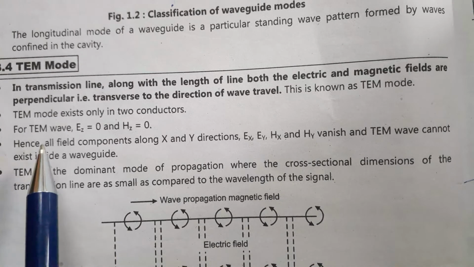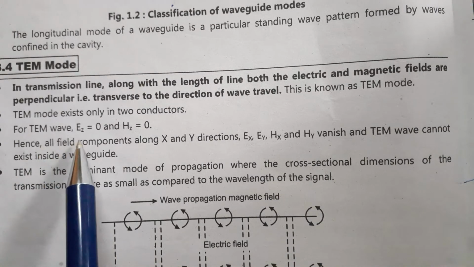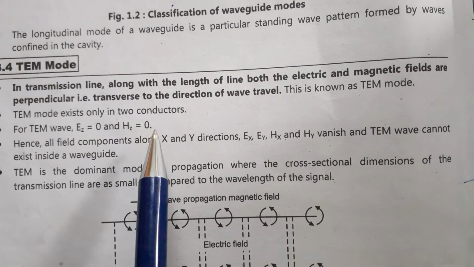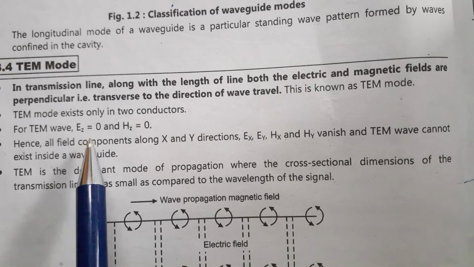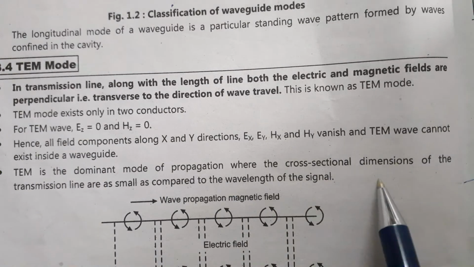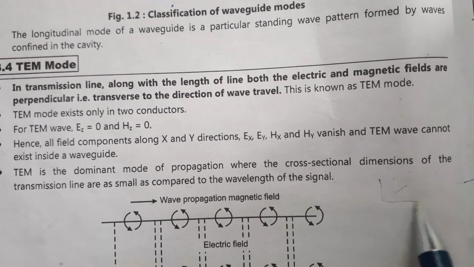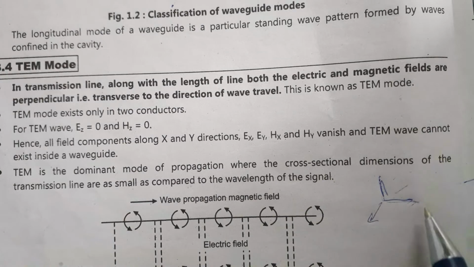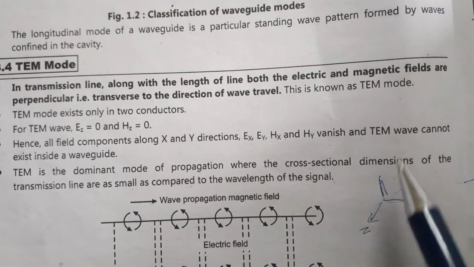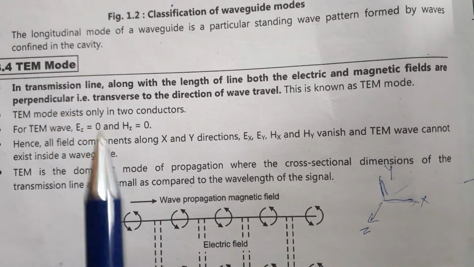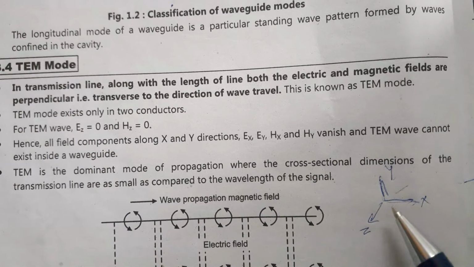Okay. For TEM mode waves, Ez will be equal to 0 and Hz will be equal to 0. It means the wave will not be on the z axis, that is, three axes are there: x, z and y. Ez equal to 0 means the electric wave will not travel on the z axis.